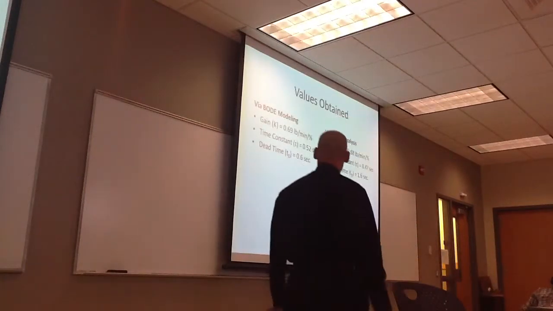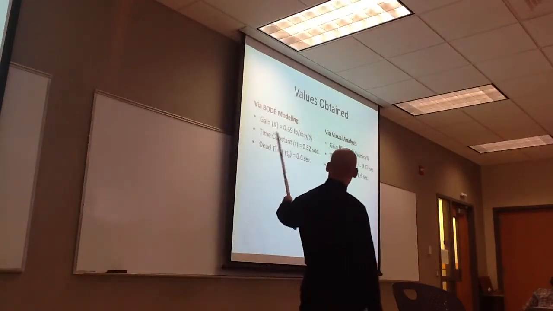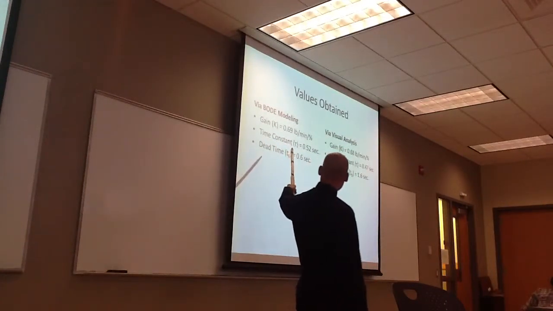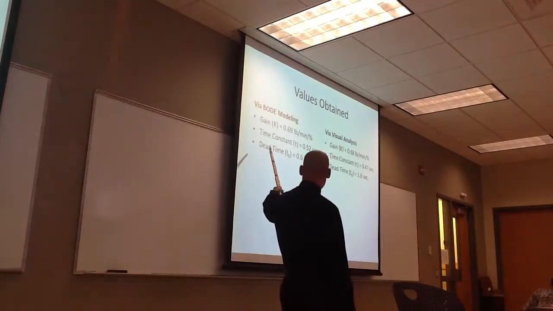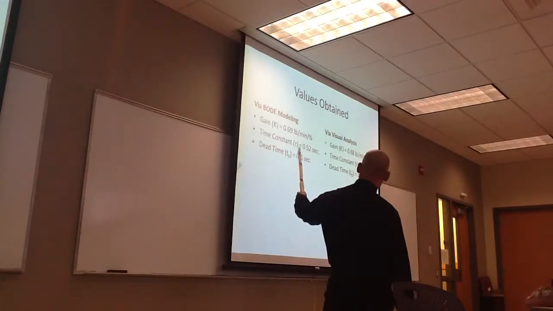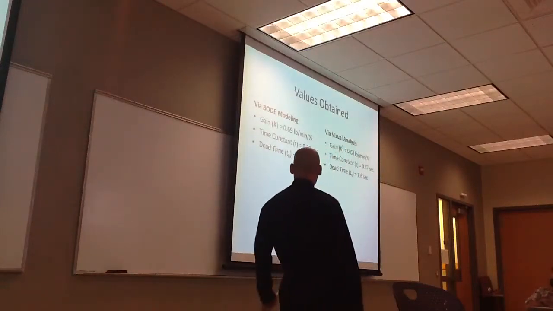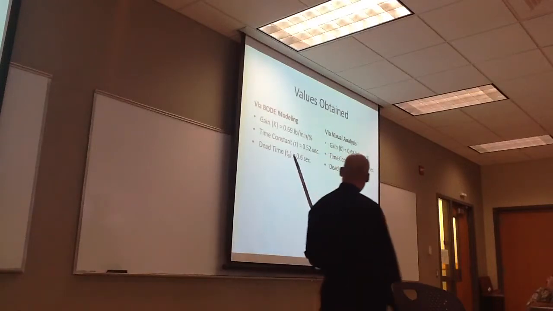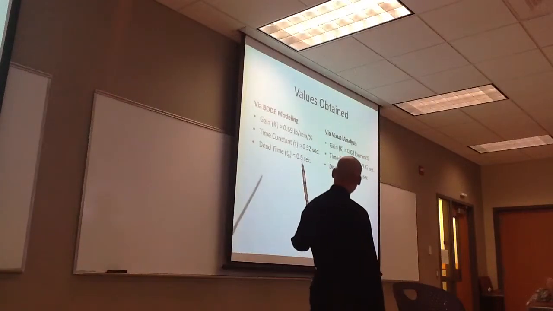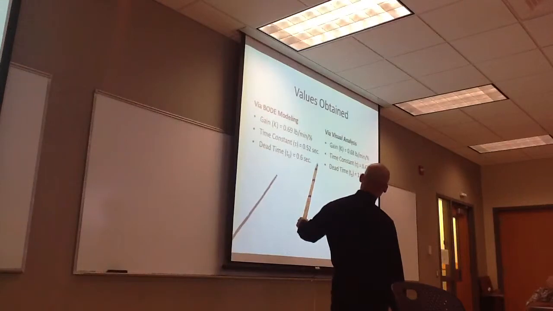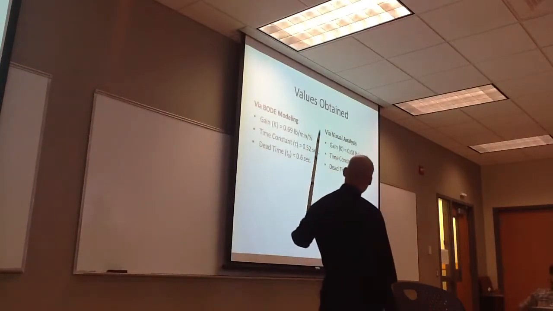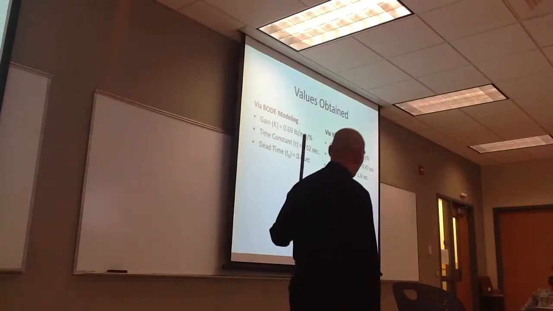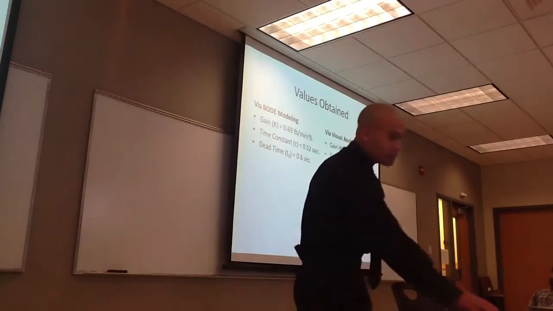Here's the value that we obtained from the Bode plot modeling: gain is 0.69 pounds per minute per percent, time constant is 0.52 seconds, dead time is 0.6. And the visual analysis is 0.68 for gain, 0.47 for tau, and 1.6 seconds for the dead time.